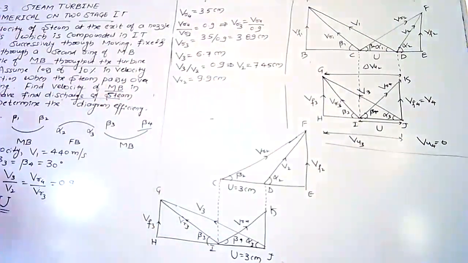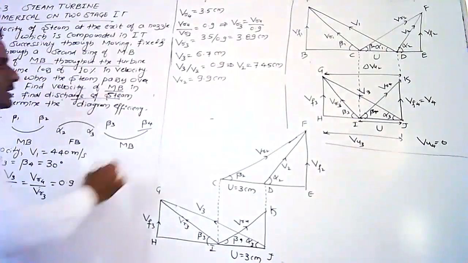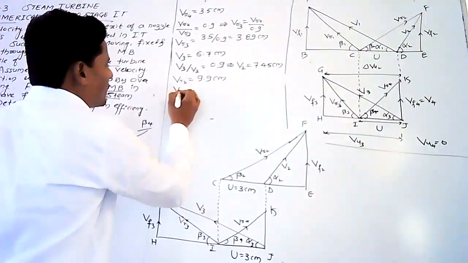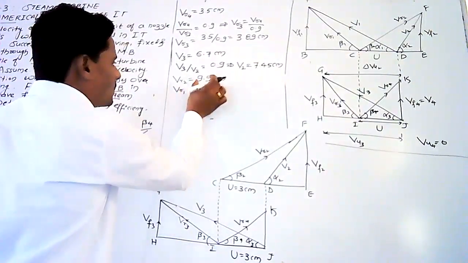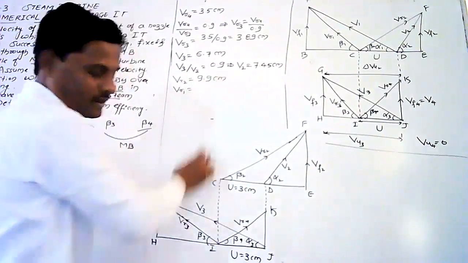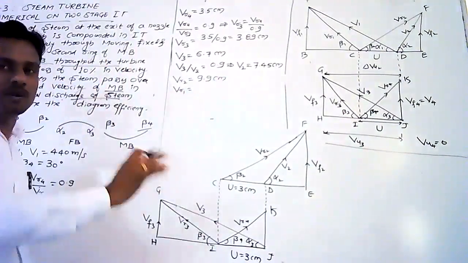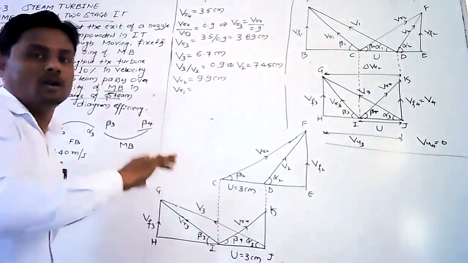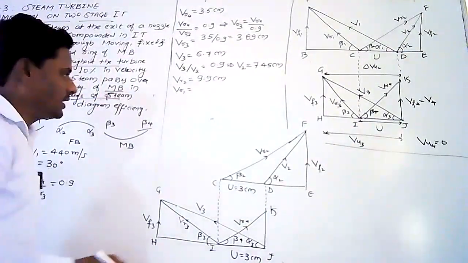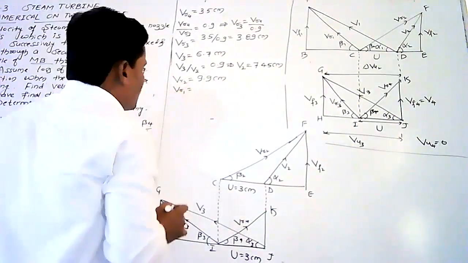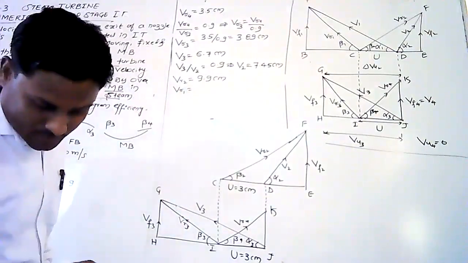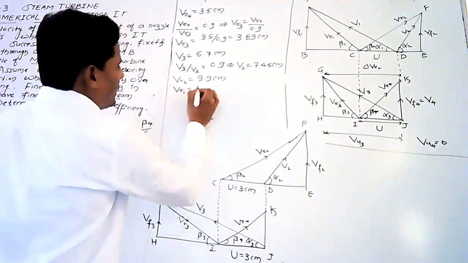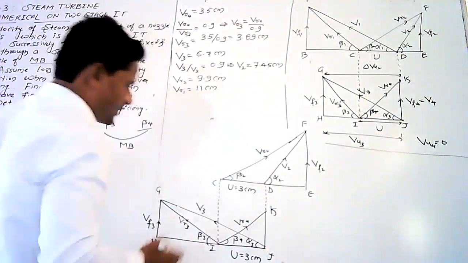You know the ratio VR2 by VR1 equals 0.9. Get the value of VR1. So VR1 equals 9.9 by 0.9, after cross multiplication, because VR2 by VR1 equals 0.9. So the value of VR1 is 11 centimeters.